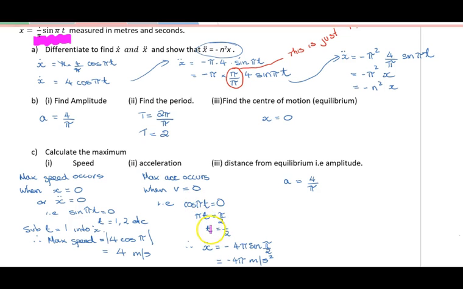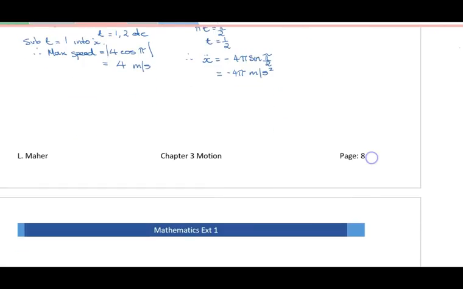Thinking about when cos of an angle could be 0, and we get t has to be a half. Put that into acceleration because we're finding maximum acceleration, and we're getting minus 4. The maximum distance from equilibrium, the amplitude, we know is this 4 on pi.